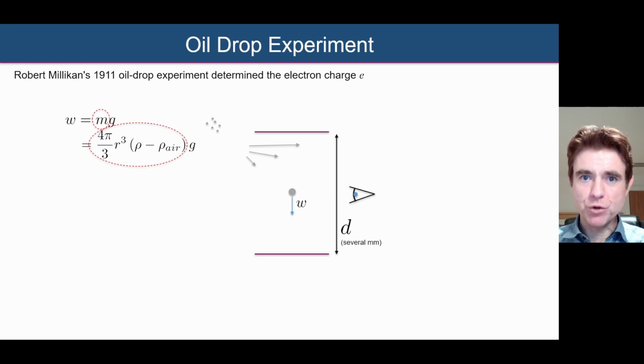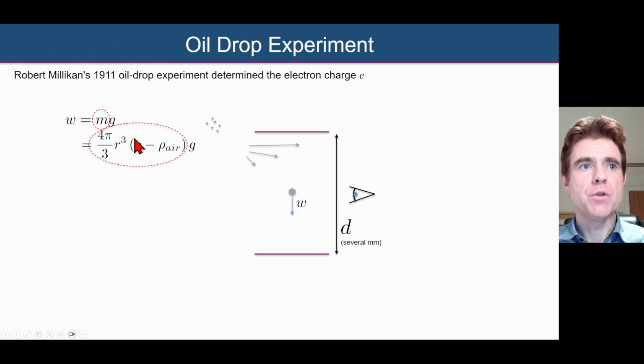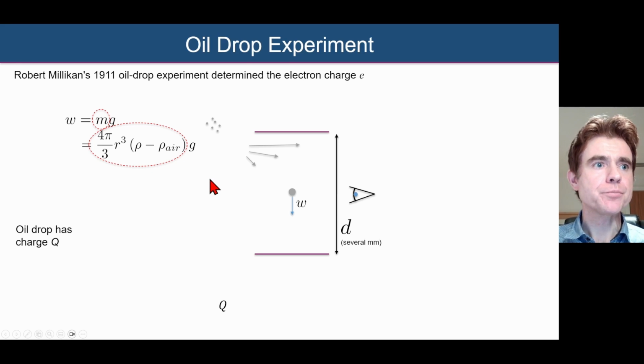And so we would not expect any drifting downwards if that sphere is of the same density as its surrounding medium. So that's why we've got this correction here. We're interested in the relative density of this oil droplet compared to the surrounding air, hence that difference.